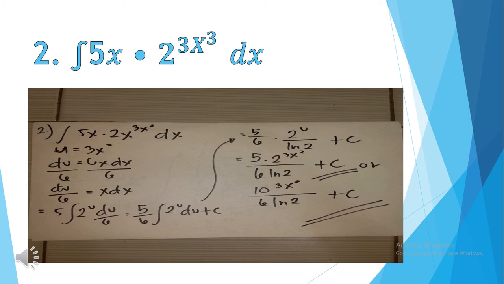So 5 integral of 2 to the power of u du over 6 is equal to 5 over 6 integral of 2 to the power of u du plus c. Next, 5 over 6 multiplied by 2 to the power of u over ln 2 plus c. So 5 multiplied by 2 to the power of 3x squared all over 6 ln 2 plus c is our final answer.